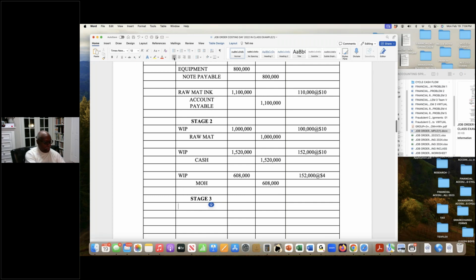We're going to debit finished goods, and we're going to credit work in process.